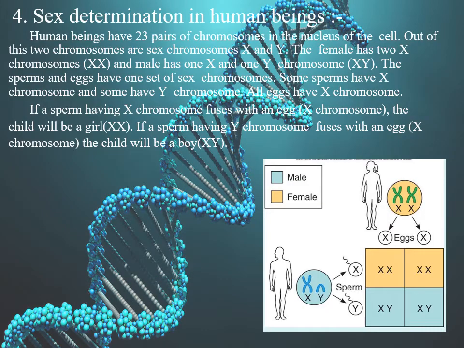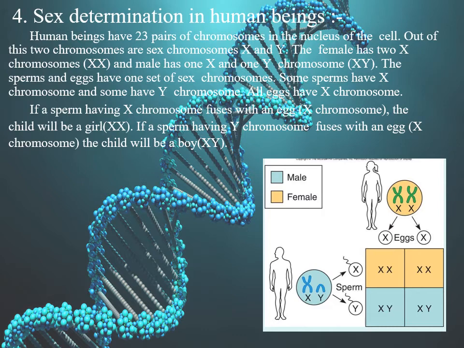So the next topic is sex determination in human beings. Earlier I talked about allosomes as well as autosomes. In human beings, we have 23 pairs of chromosomes in the nucleus of the cell.